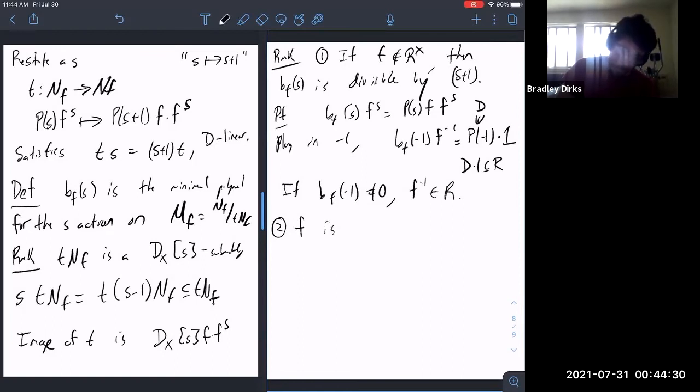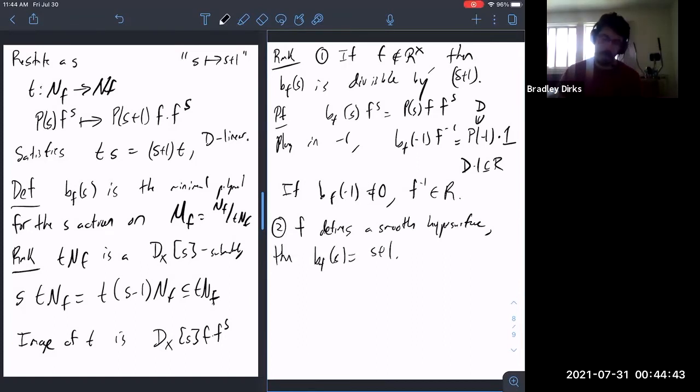So if F defines a smooth hypersurface, then b_f of s is equal to s plus 1. When I say a smooth hypersurface, I mean that none of its partial derivatives all vanish at the same point in A^n.